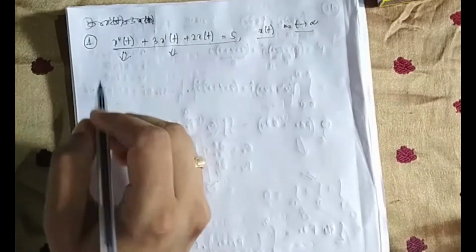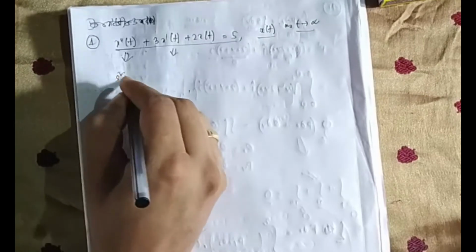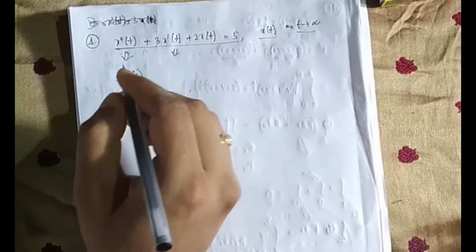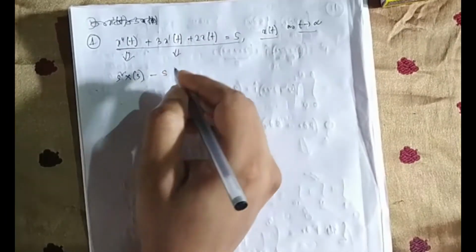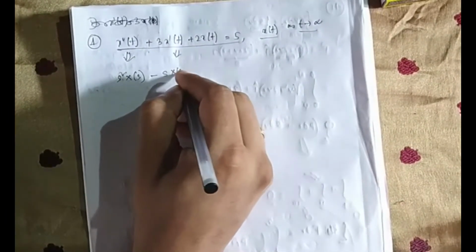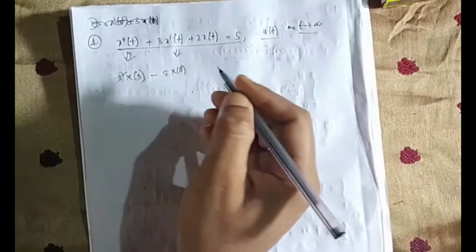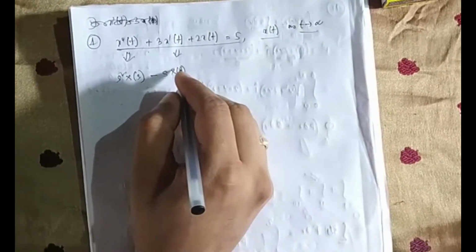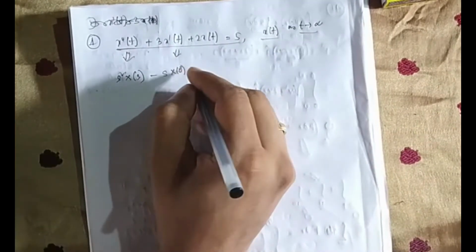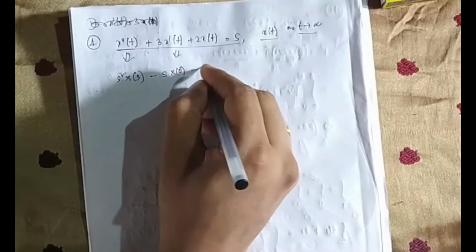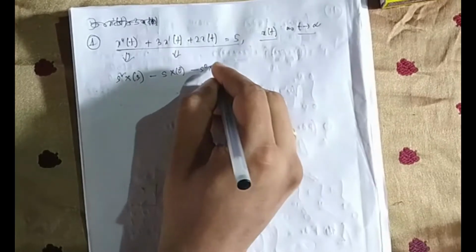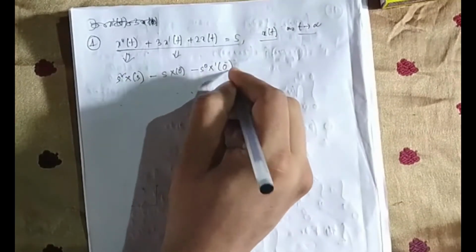Laplace of the double dash always starts with s square X(s) minus s to the power 1 times the initial condition, that is x(0). Actually, properly it is 0 minus. You take care of it, it is actually 0 minus, and then minus, s to the power 0 times x dash at 0 minus.